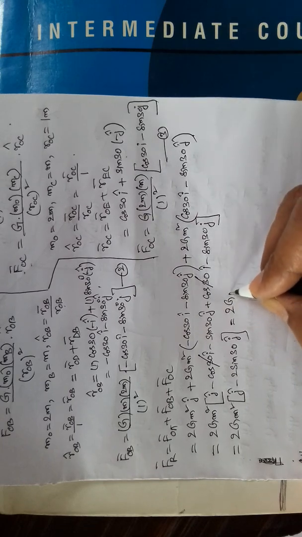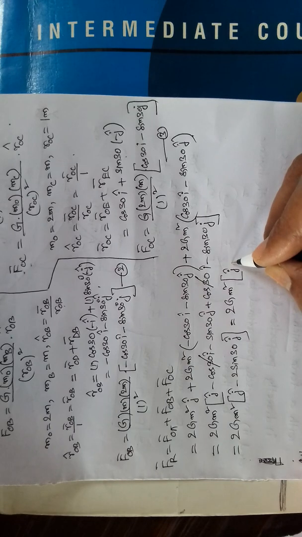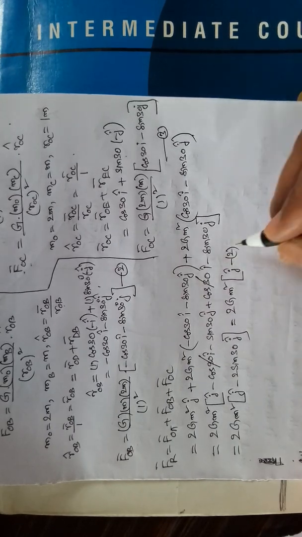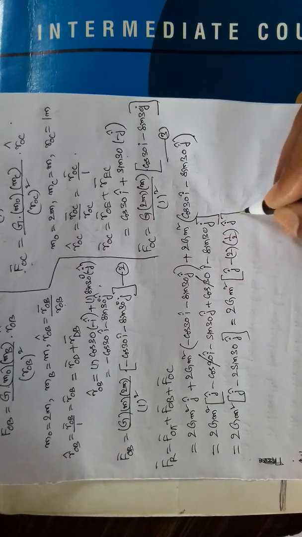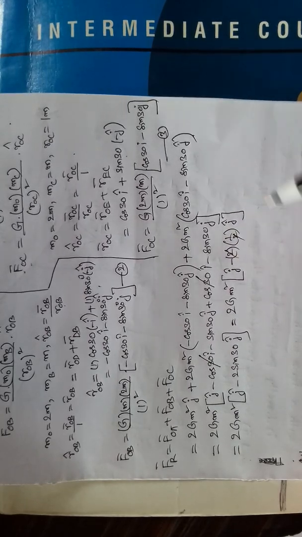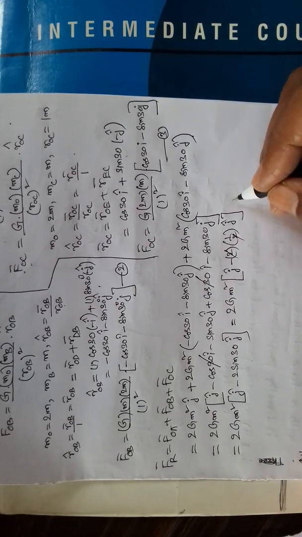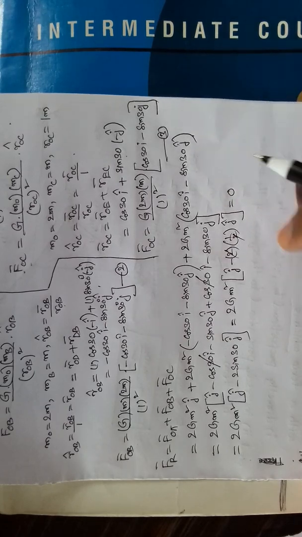So 2Gm square j minus 2 into sin 30, which means 1 by 2, j. The 2 gets cancelled, j minus j is 0, so you are getting 0.